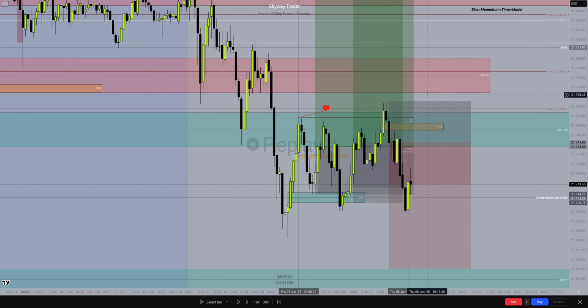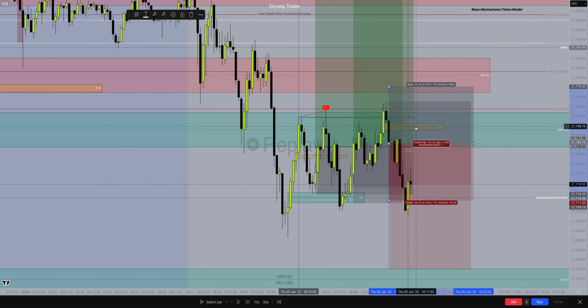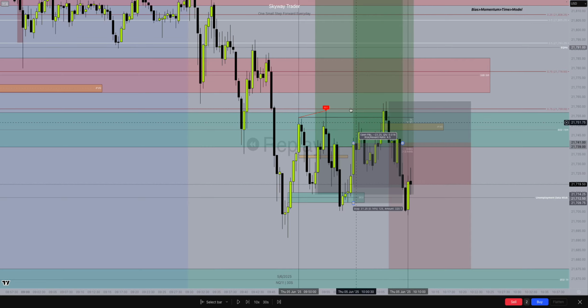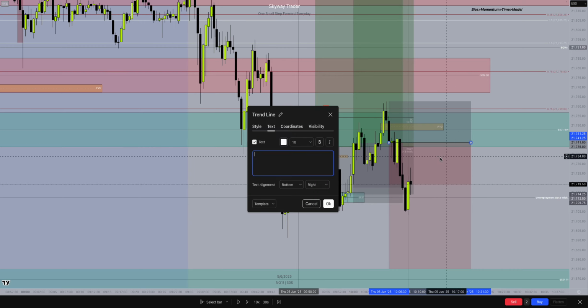That's the trade, right? So let's just say we took this, and oh, what am I doing? Oops. What was I doing? Oh yeah, I'm going to annotate here. So entry here, let's just say probably two minis. By the way, this is exactly how I journal.